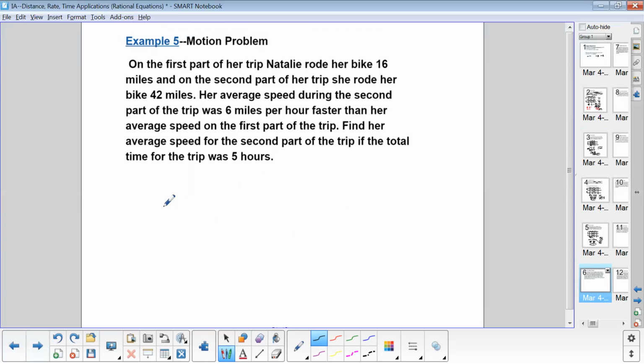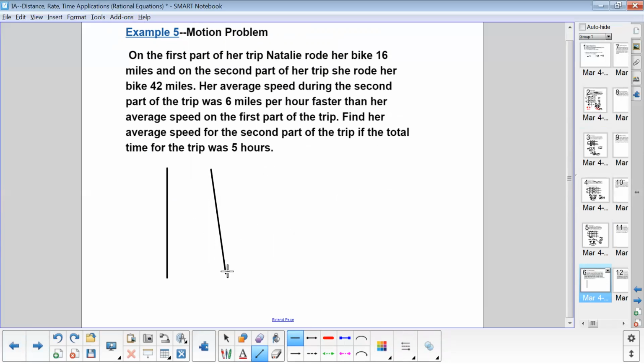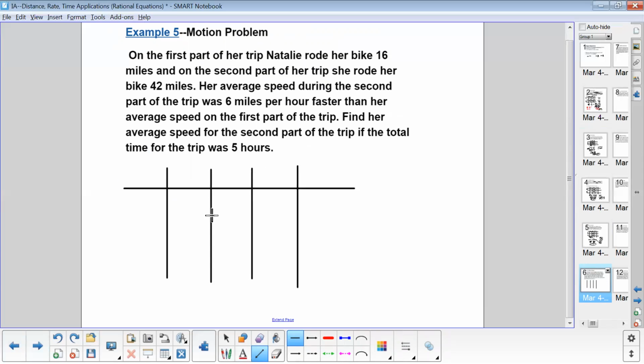And one more example for this part 1 of this video, and there'll be a second part following with 5 more examples. So here I've got Natalie rode her bike. So we're going to look at different trips. First trip, part 1 trip, part 2 trip.